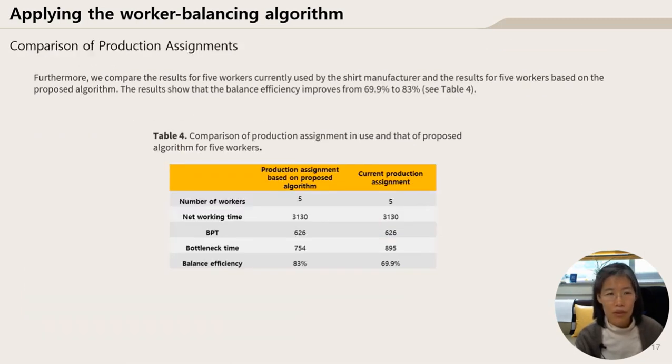Furthermore, we compared the results for 5 workers currently used by the shirt manufacturer and the results for 5 workers based on the proposed algorithm. The result shows that the balance efficiency improves from 69.9% to 83%. See Table 4.